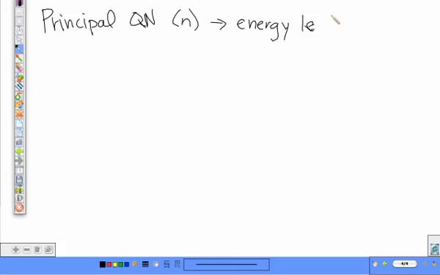That little n is the letter they use, like n equals 1 or n equals 2. It describes the energy level.